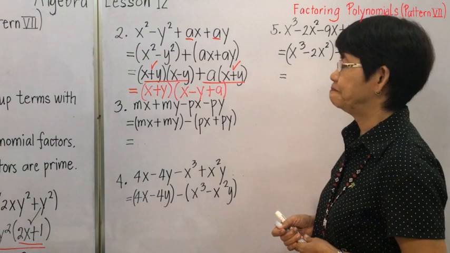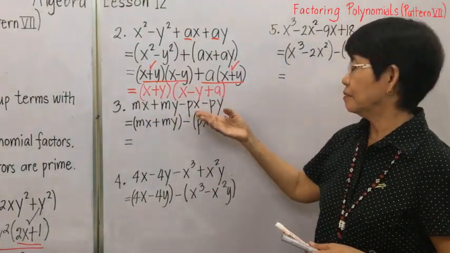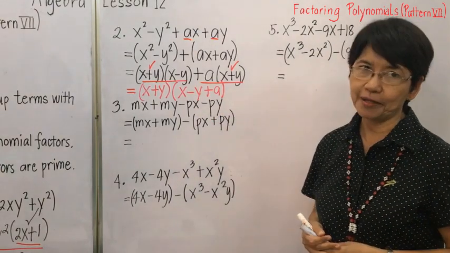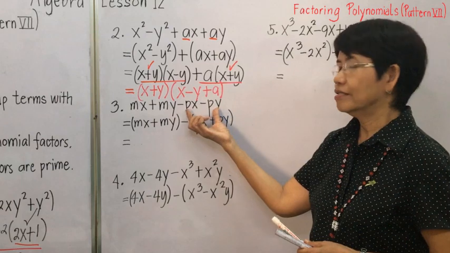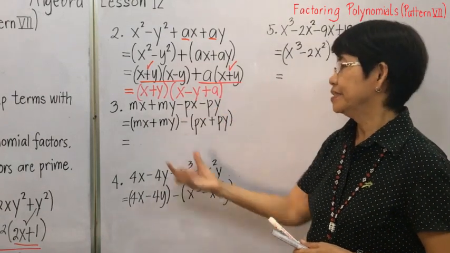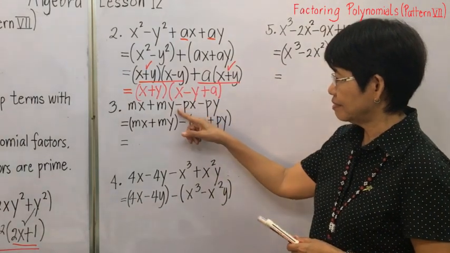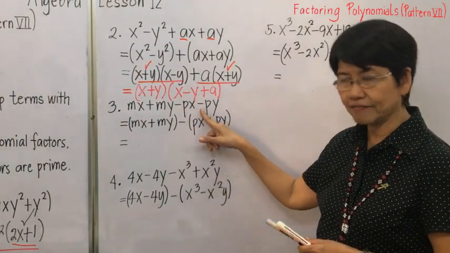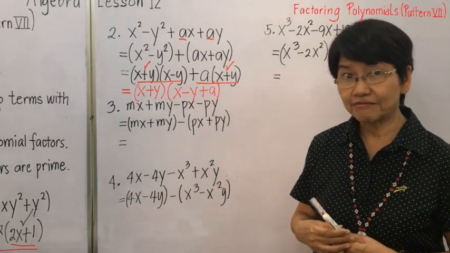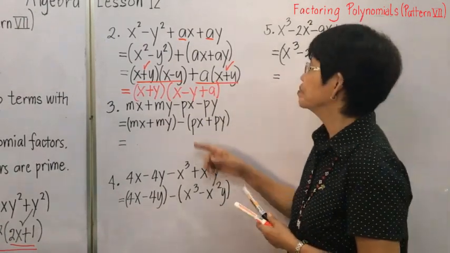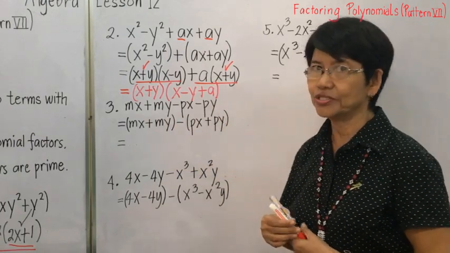Then number 3, mx plus my minus px minus py. We'll group together the two terms with an m and the two terms with a p. So grouping them together, but there is a negative here and another negative. So negative p and negative p. We can factor out the negative sign and put it outside so that the terms inside will change in sign.